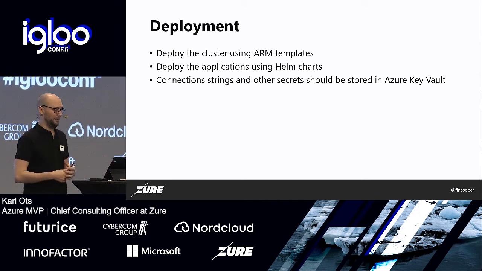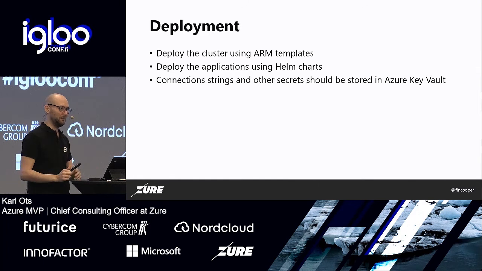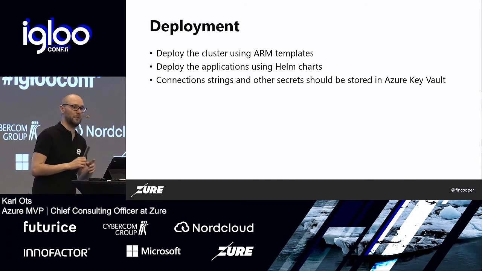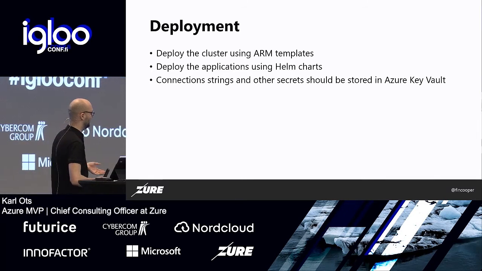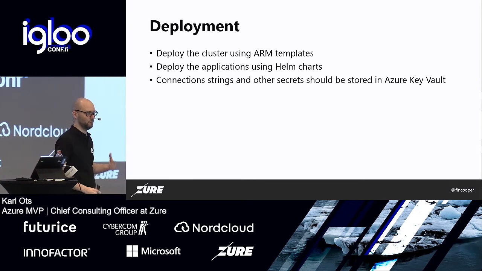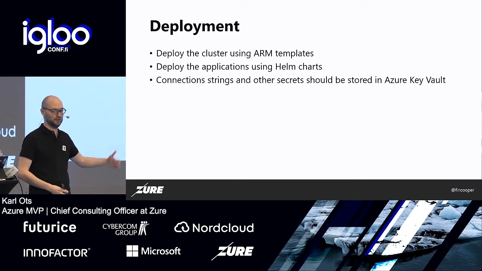And really any sort of secrets, if you still have them, if you've not moved all the way to managed identity and you really can't all the way with Kubernetes service yet, then you should be able to store those secrets in the Key Vault.